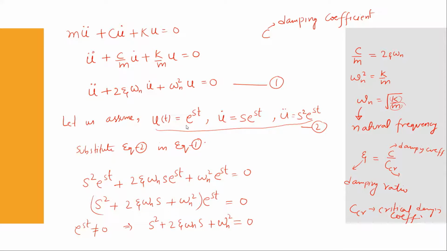so now we will get the roots from here. So on this page we will see what the roots would be. So s would be equal to minus 2 xi omega n plus or minus root under 4 xi square omega n square minus 4 omega n square, upon 2.